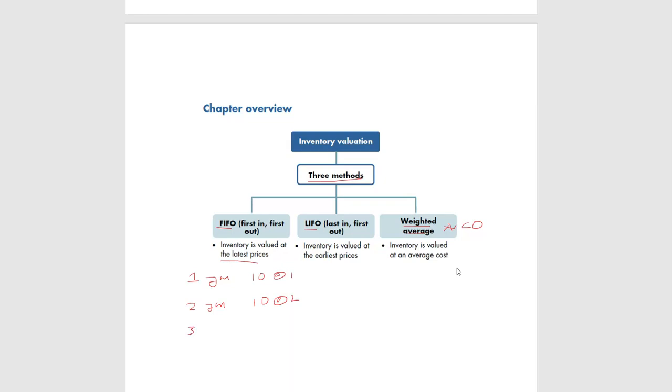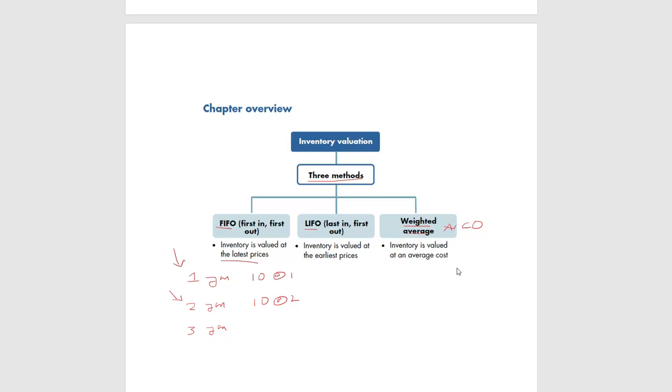On 3rd of January, let's say I'd like to issue inventory. Before the issue, I have to see how many units I need to issue, and I'm going to use the previous one first, from 1st of January, then come to 2nd of January.